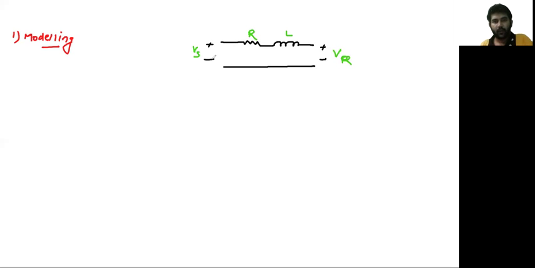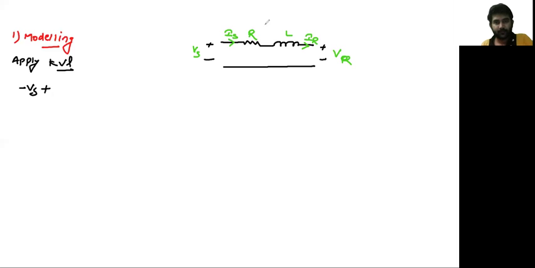Now we apply KVL here. Let's suppose the current here is Is. As you can see, the load current is also IR, but it is also equal to Is.